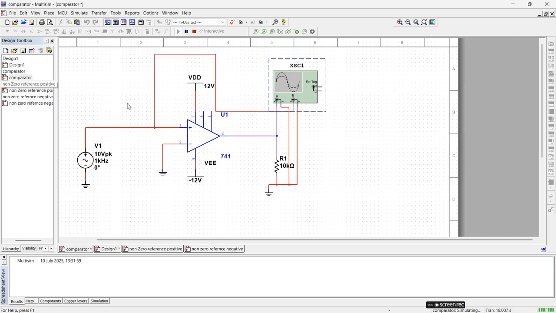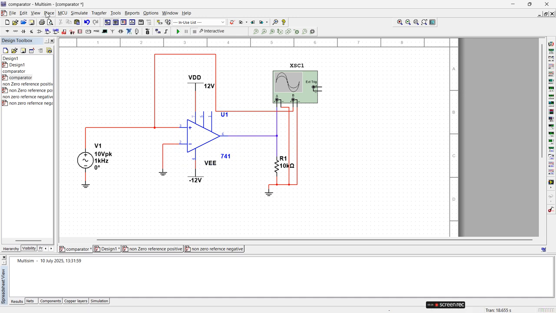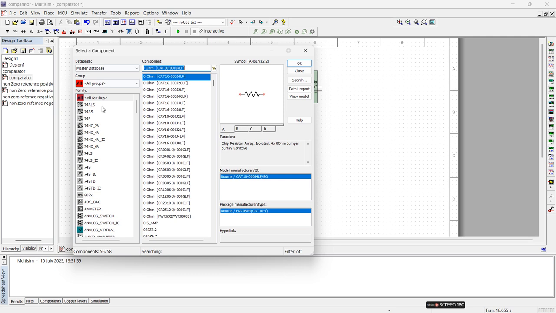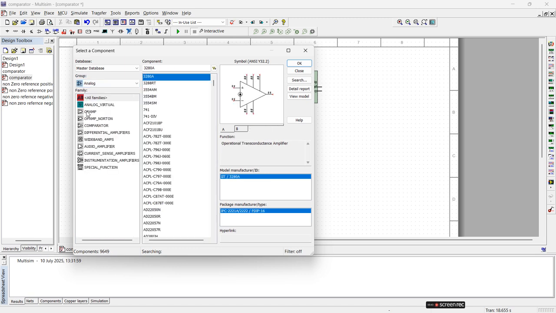For selection purposes, you go to the components, then op-amp, analog. Go to the analog in the master database, and select op-amps.